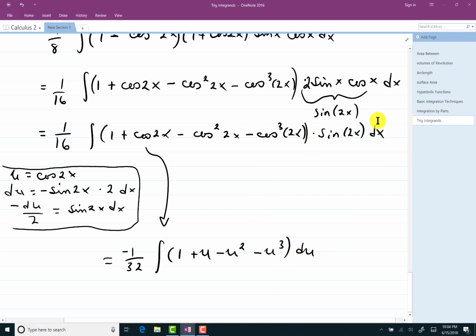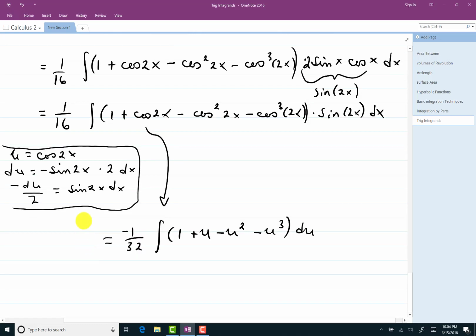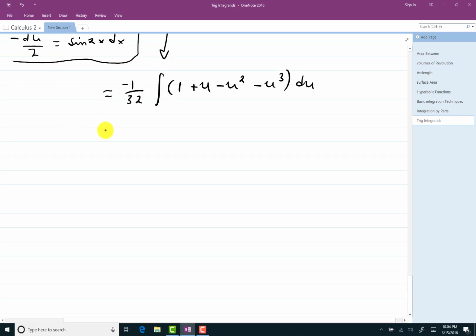That part there in conjunction with the negative 1/2 is the du. So now just integrating those u's is simple. This has become a polynomial. I'll have u plus 1/2 u squared minus 1/3 u cubed minus 1/4 u to the 4th.